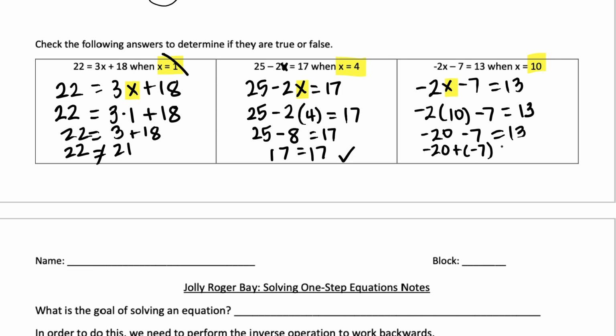So I've got 20 negatives and 7 negatives, and when I combine them, that would make 27 negatives, which is definitely not equivalent to positive 13. So this is not a true solution for that equation. So the only equation here that was true was this middle one. The other two, if that was the solution that you got while you were working through, you would know, okay, I need to go back and resolve my work here.